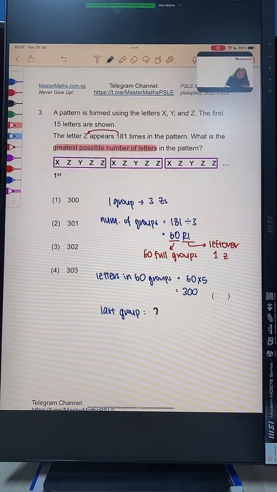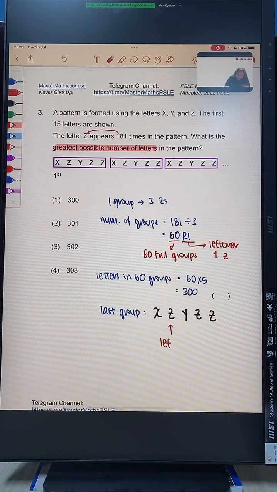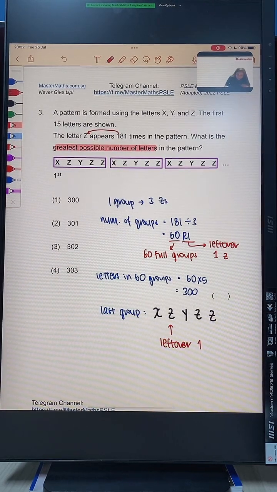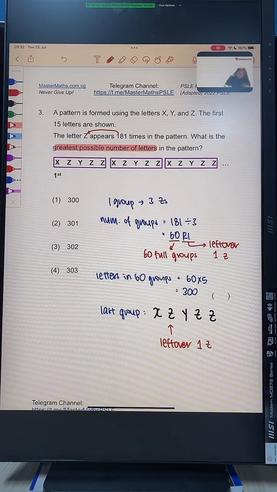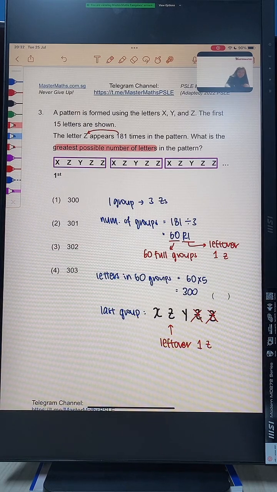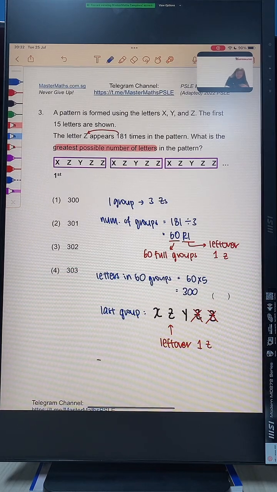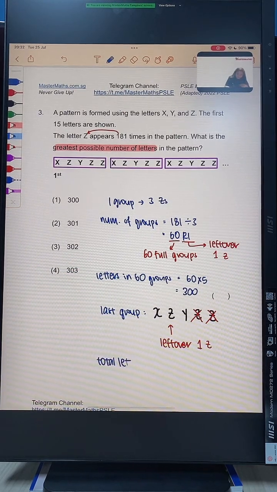In the last group, we have the letters X, Z, Y, Z, and Z. But because we have only left over 1 Z, this is our leftover 1 Z. That means all these other Z I don't want. Understand? That is why we have an additional 3 letters, and therefore the final answer would be 300 plus 3 to give us 303.